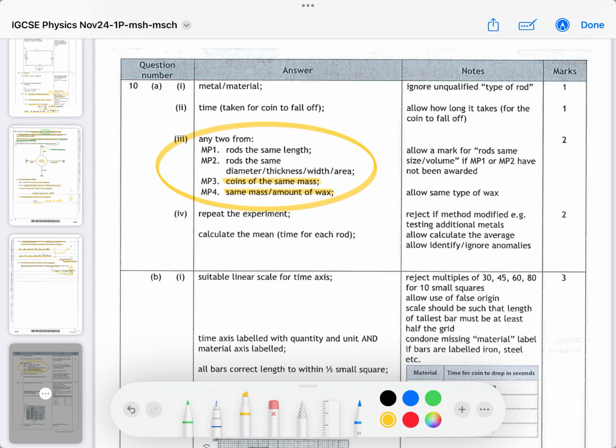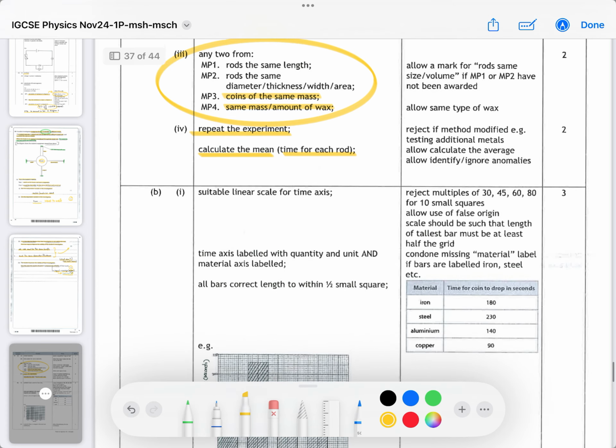So these are all controlled variables to make sure the experiment is fair. And then the reliability is repeat, calculate the mean time for each rod. Don't just do it once, because maybe there was vibration and one of them fell off, etc. So you repeat and take a mean.